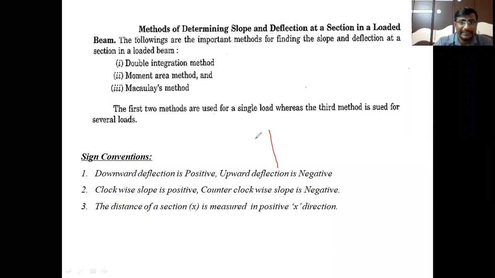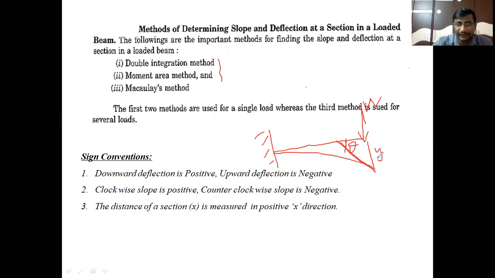Let us take the cantilever beam. For a cantilever beam with a single point load W at the free end, like this, we can solve for slope and deflection of this cantilever by using these two methods. By applying the load at this point, the cantilever beam bends like this. The maximum deflection occurs at the free end, and slope is also maximum at the free end. By drawing the tangent at this point after bending, it makes an angle with the initial position, which is called the slope at that point, theta.